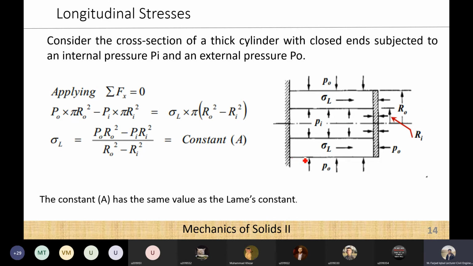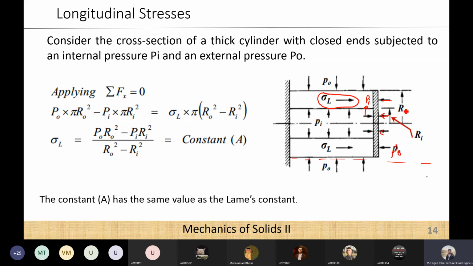This is a cylindrical element, and if I cut the cross section, as I explained in the case of the thin cylinder as well, then we will have longitudinal stresses acting on the thickness of the cylinder. These stresses are due to the internal pressure, and these are due to the external pressure, which is written over here as P naught.